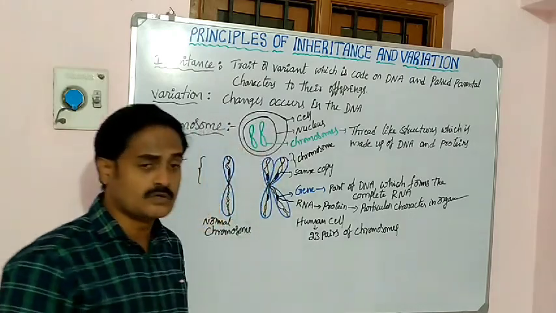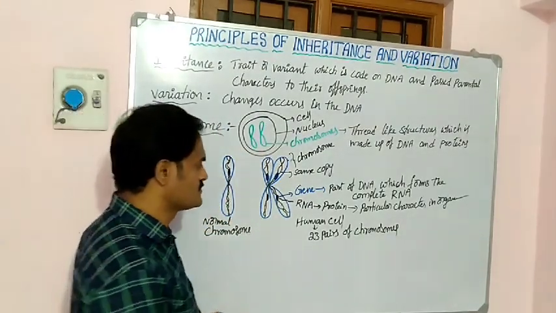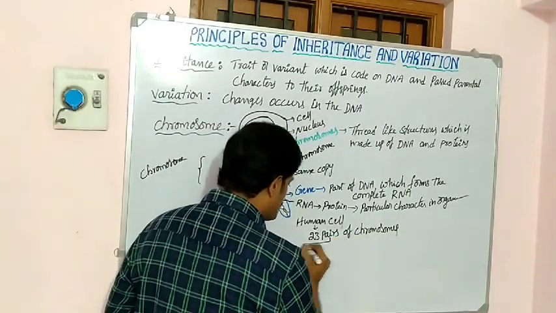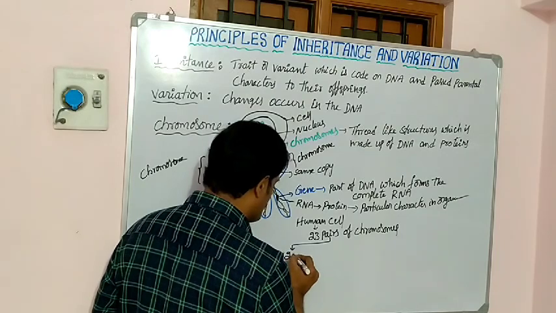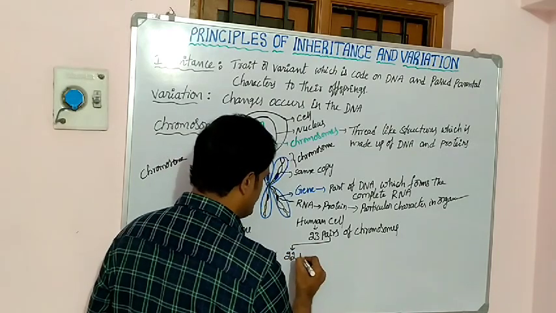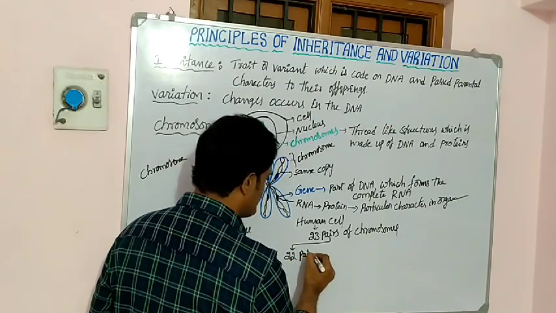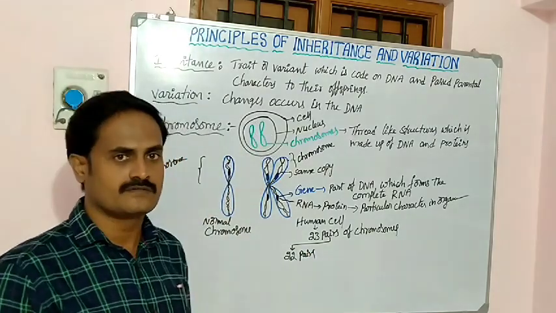From these 23 pairs, 22 pairs of chromosomes are the same. They are the same type of chromosomes.